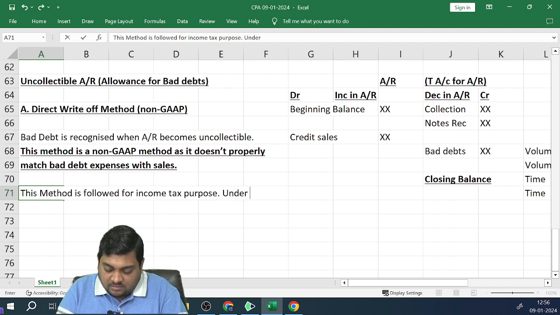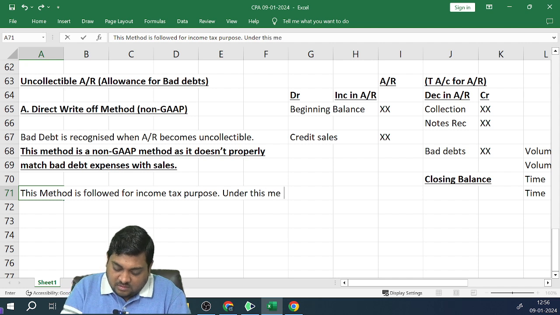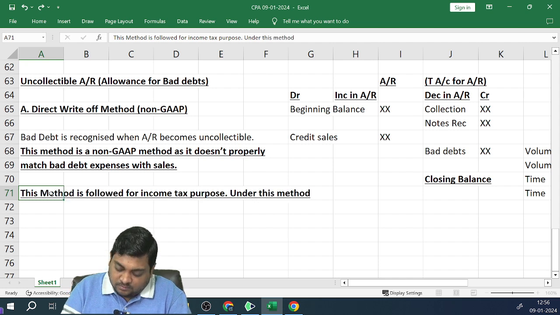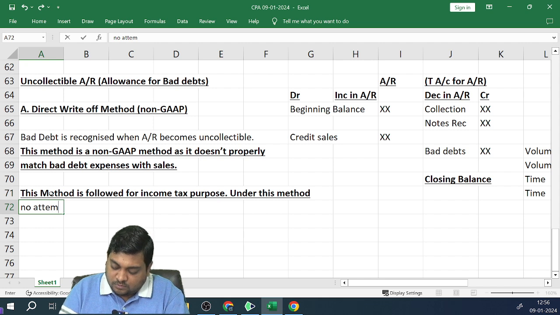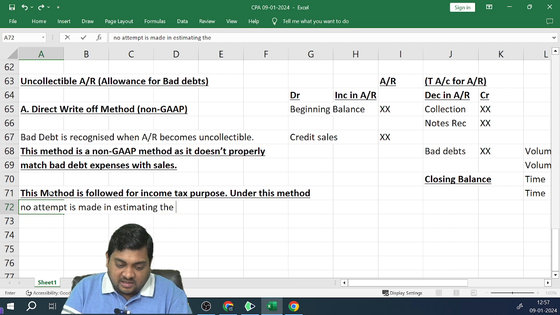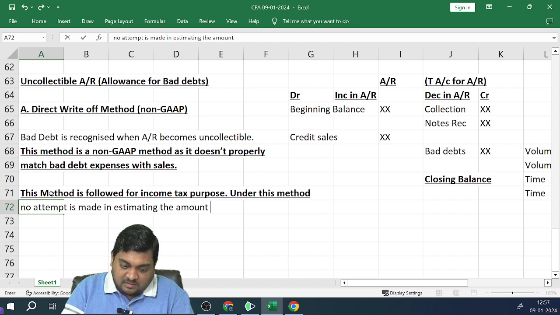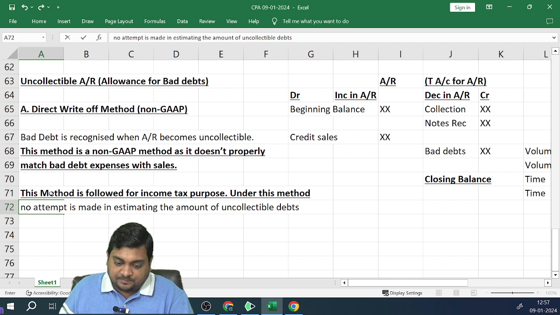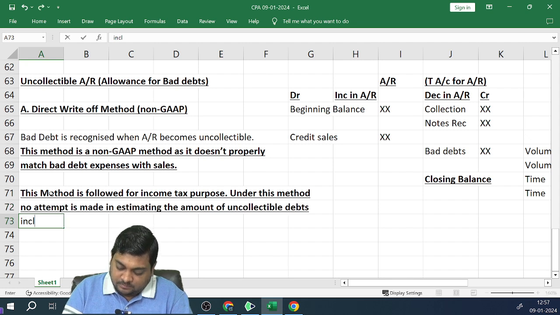Under this method, no attempt is made in estimating the amount of uncollectible debts included in accounts receivable.